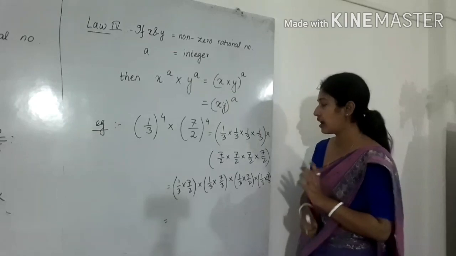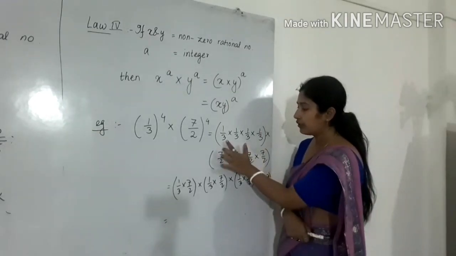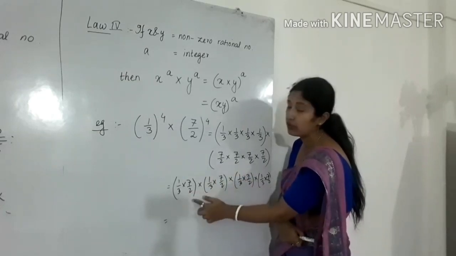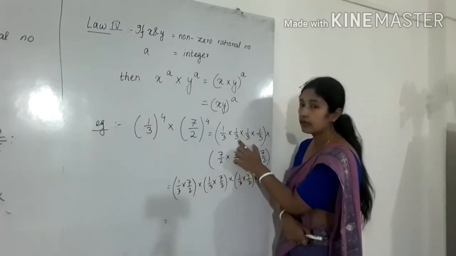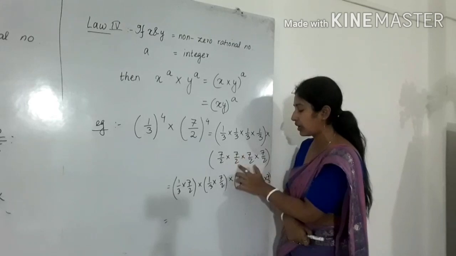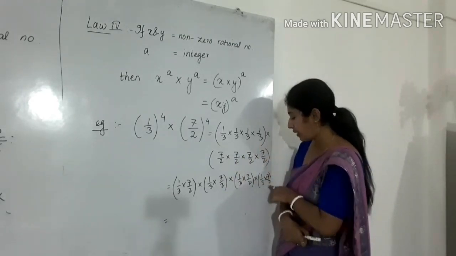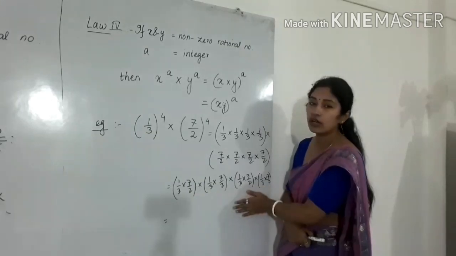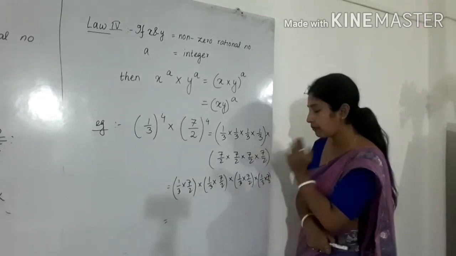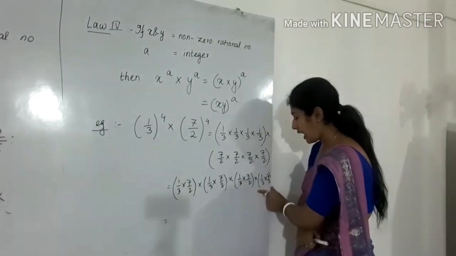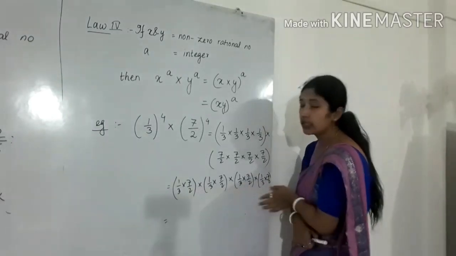So what I have done, see, I have taken 1 by 3, the first term of this bracket, and the first term of this bracket. So 1 by 3 into 7 by 2. Again I have taken the second term, that is 1 by 3, again from the second bracket 7 by 2. Again the third term, again the fourth term. I have collected the 4 terms. So what I am going to show here, see, all the terms are same and they are multiplied with each other.